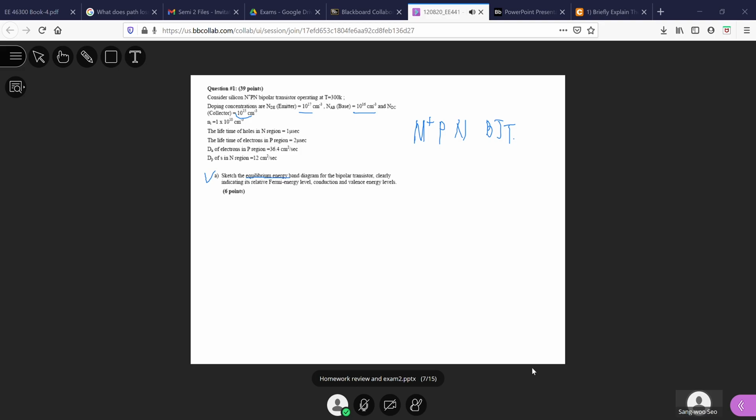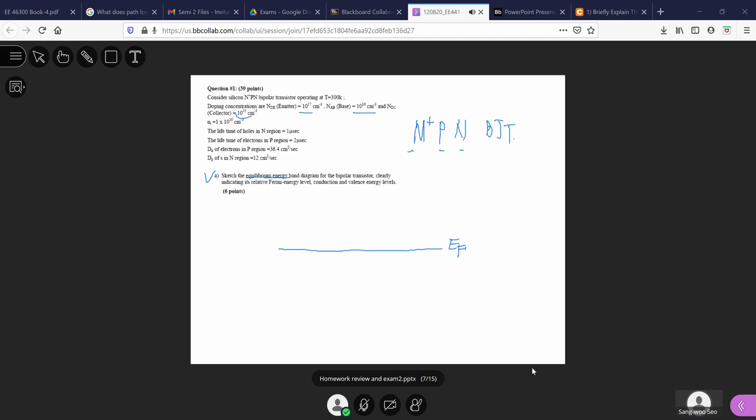As you know, at equilibrium, our first condition is that EF should be constant throughout the structure. The relative doping represents how close EF is to the conduction band or valence band.